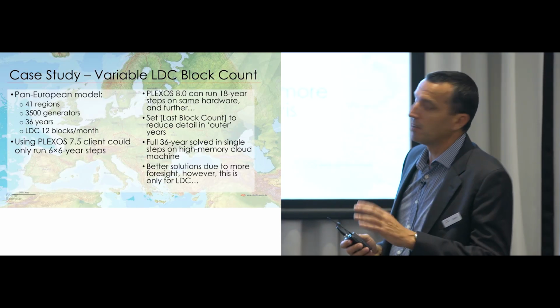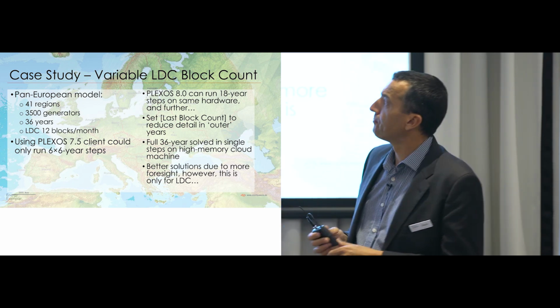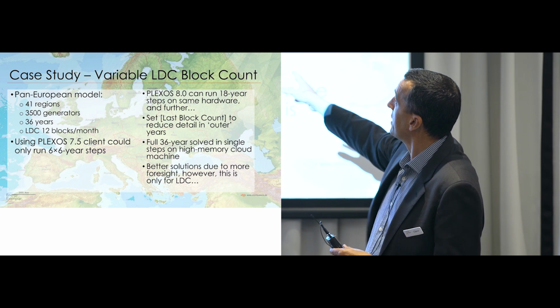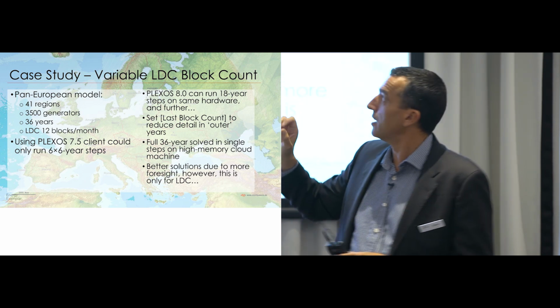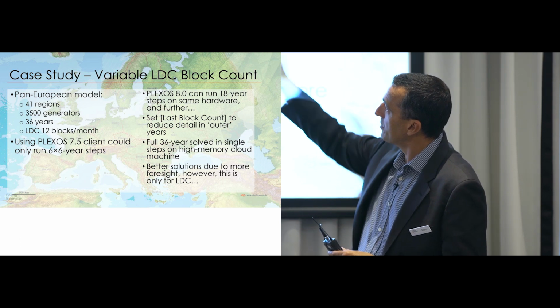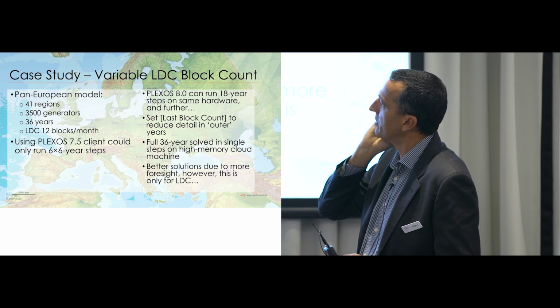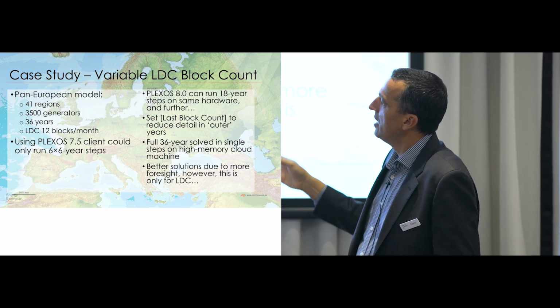Now, just jumping back to the LDC part, and just demonstrating how effective that last LDC block count is. I tested a pan-European model, which is pretty large: 41 regions, 3,500 generators over 36 years.